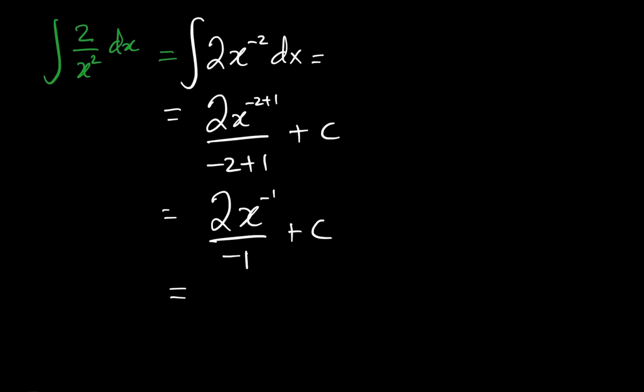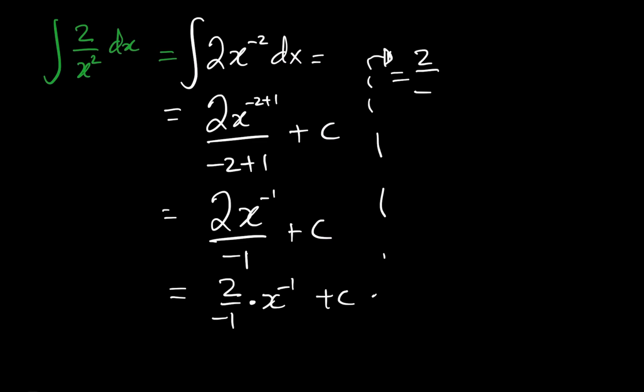And then we have 2 over negative 1 multiplied by x to the power negative 1 plus c. Can you see that? Now when we continue here, we get 2 over negative 1 multiplied by 1 over x to the power 1.